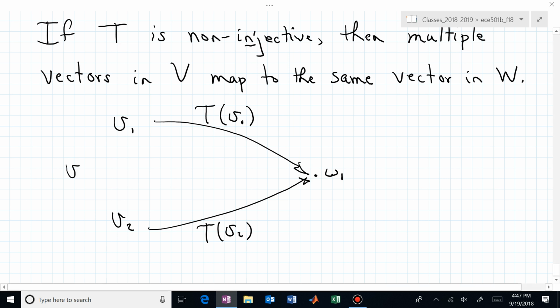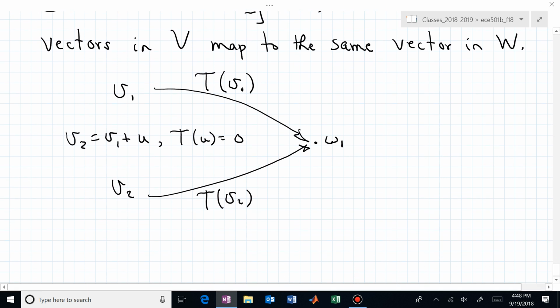You could say V2 is V1 plus, let's say, U, where T of U is 0. That's what we're using, right? So now T of V2 goes to the same place as T of V1.